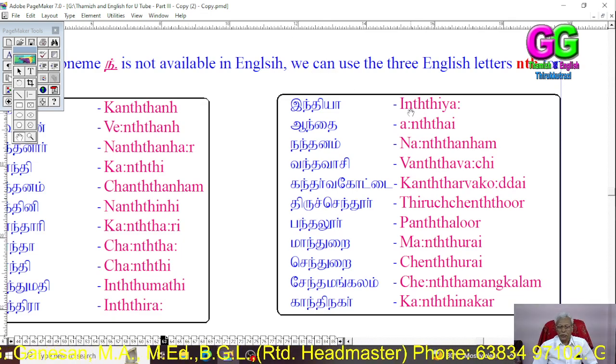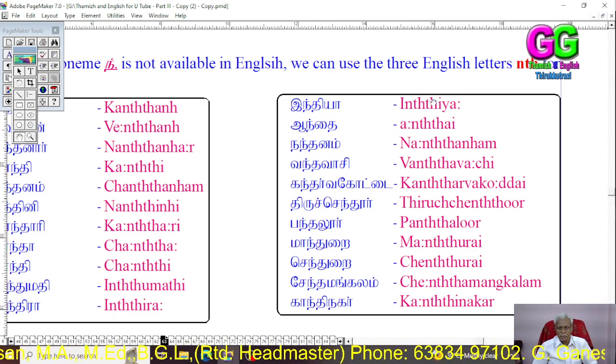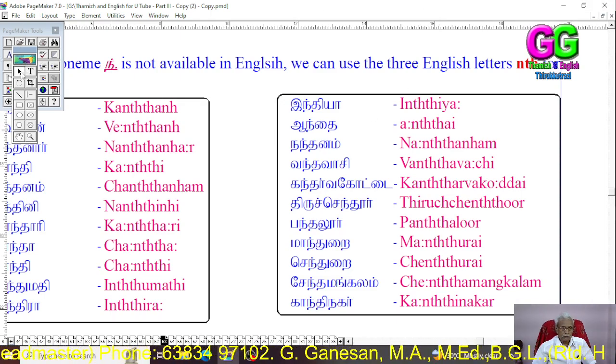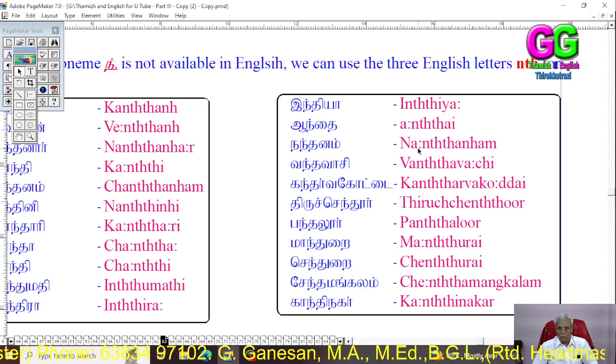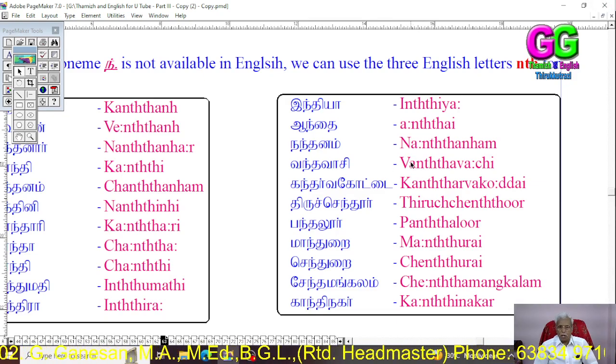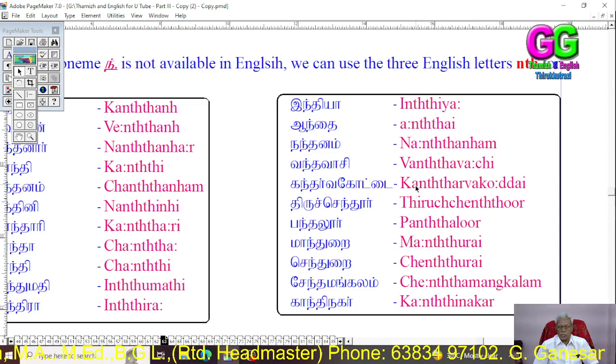In English, E, in, ti, ya, India. A, in, tai, Andai. Na, in, ta, na, im, Nandanam. Va, in, ta, va, si, Vandavasi. Ka, in, ta, ir, va, ko, ittai, Kandarvakotai.